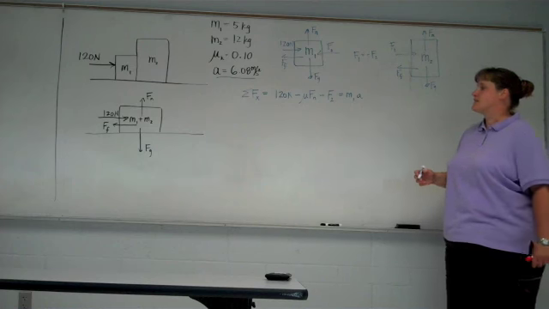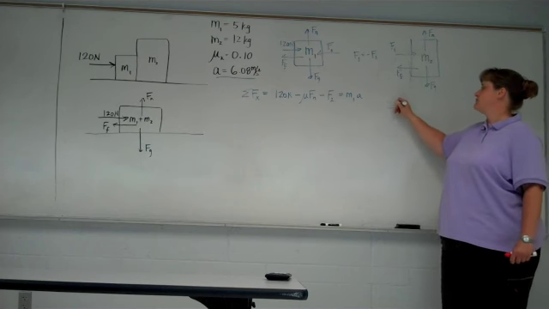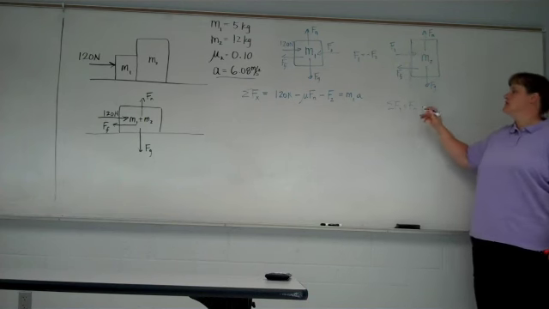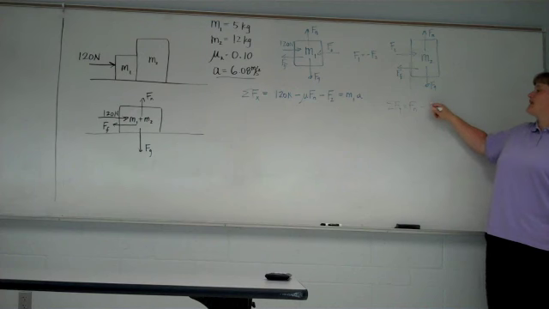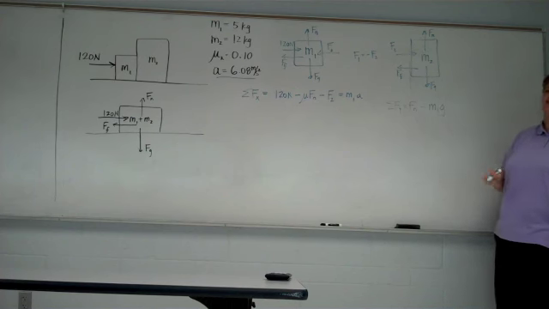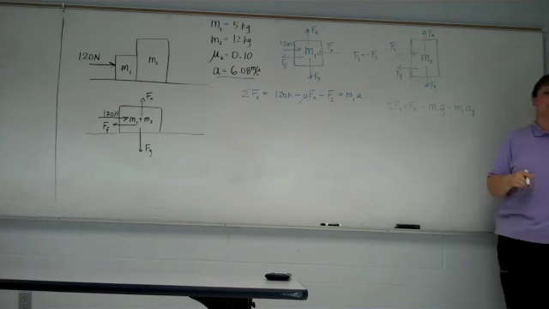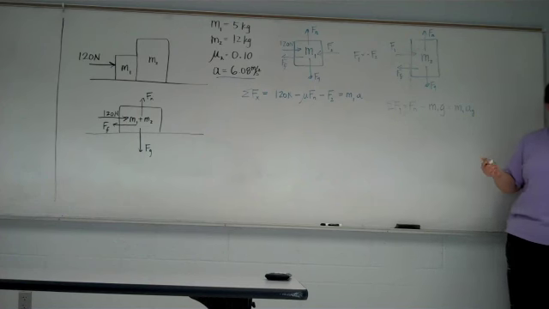In the y direction, we have the normal force upwards. We have the force of gravity downwards. The force of gravity is mg, and the box we're looking at has mass m1, so m1g is our force of gravity. That has to equal the mass of our object times the acceleration in the y direction. But as we said before, the acceleration in the y direction is 0.